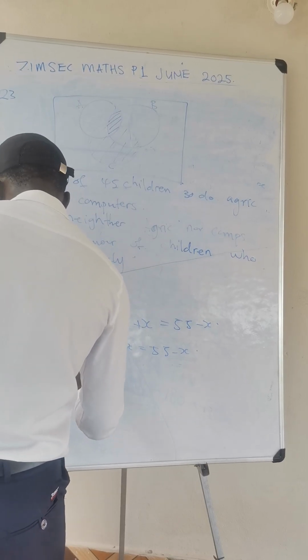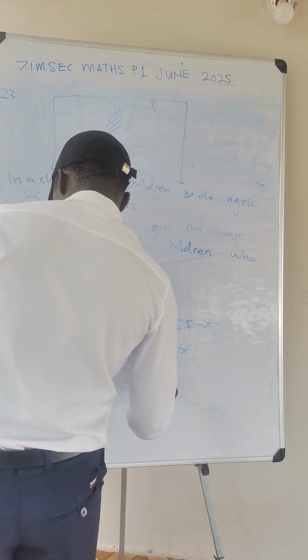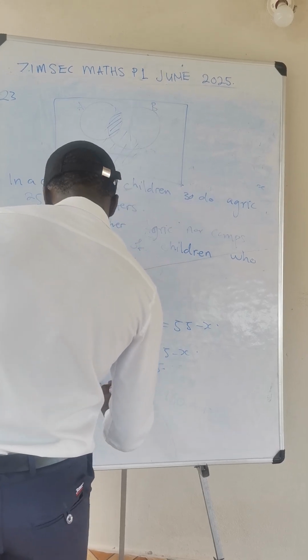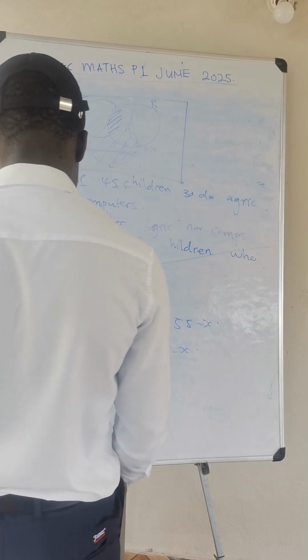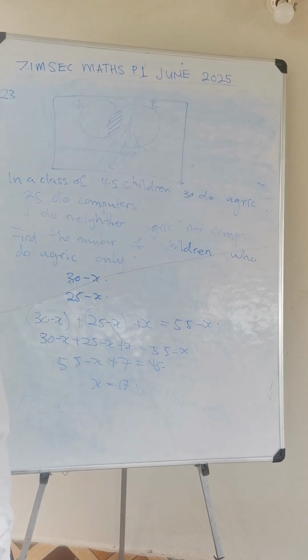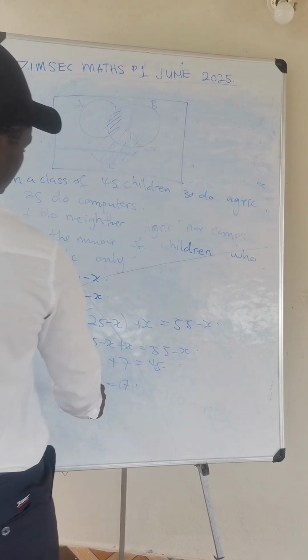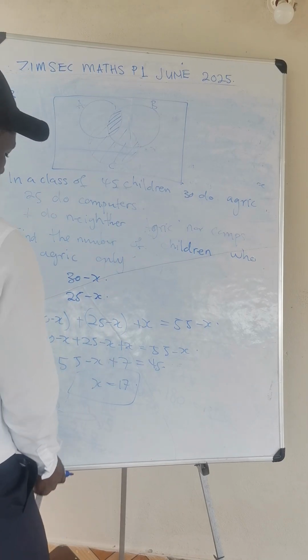It becomes 55 minus x plus 7 is equal to what? It's equal to 45. Therefore our x becomes 17. This is simple mathematics. It's a linear equation.